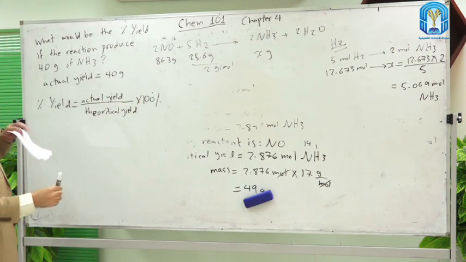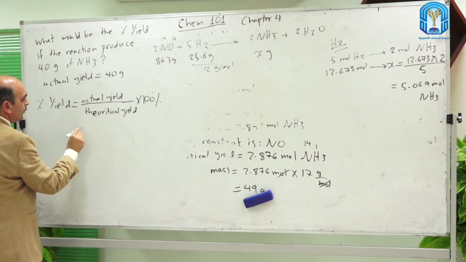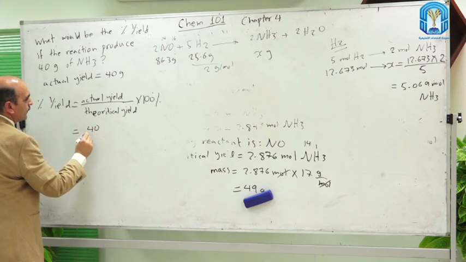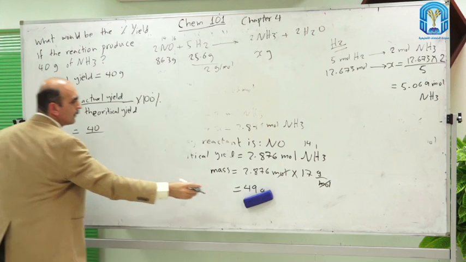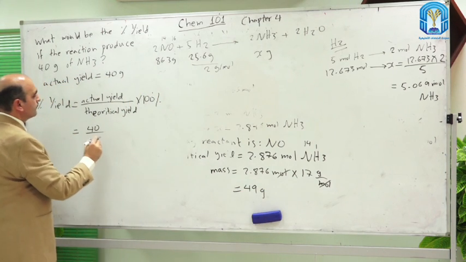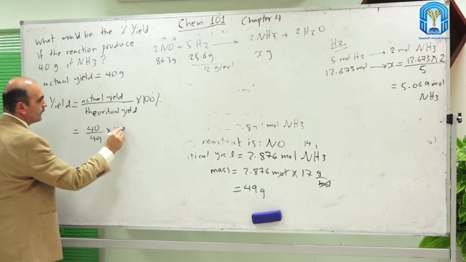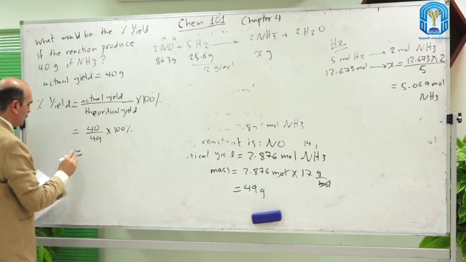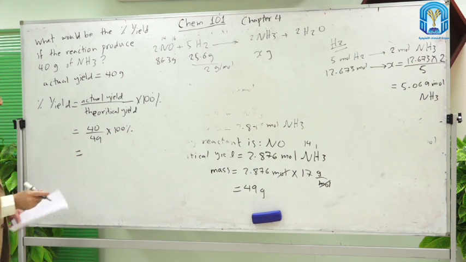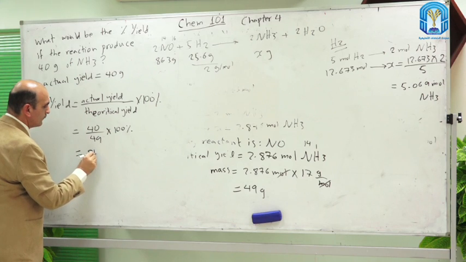Actual yield is 40 divided by theoretical yield 49 grams times 100%, and this is equal to 81.6%.